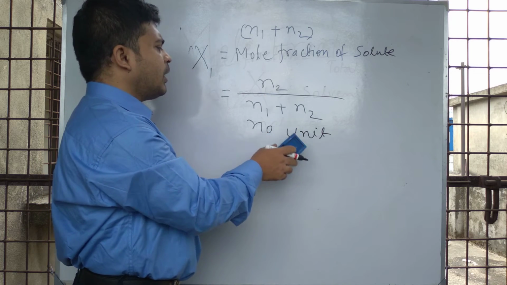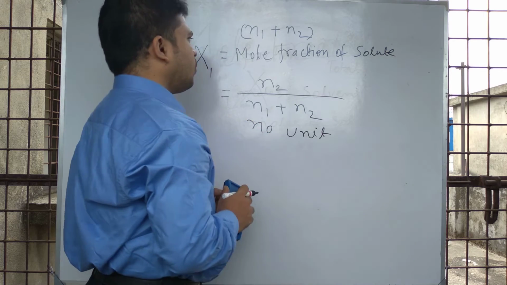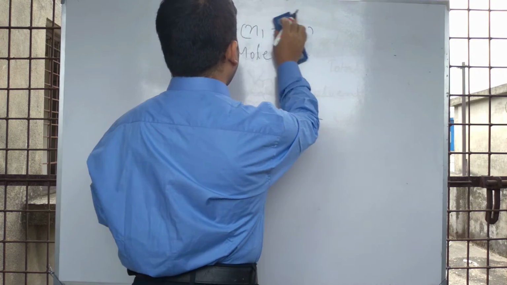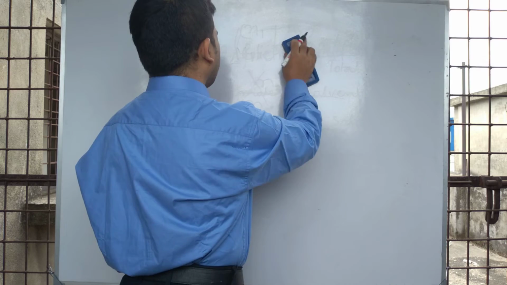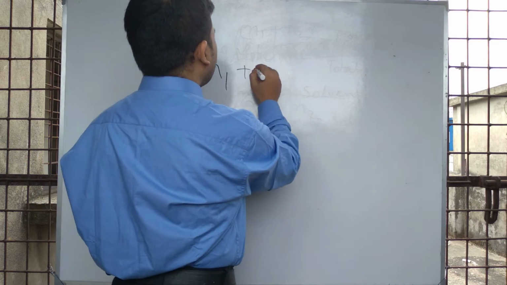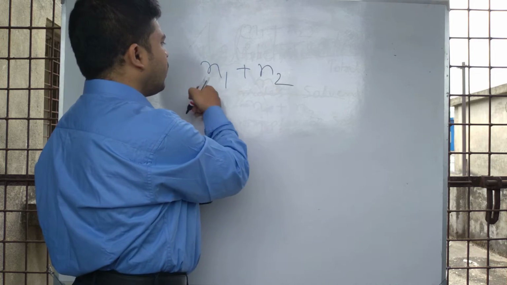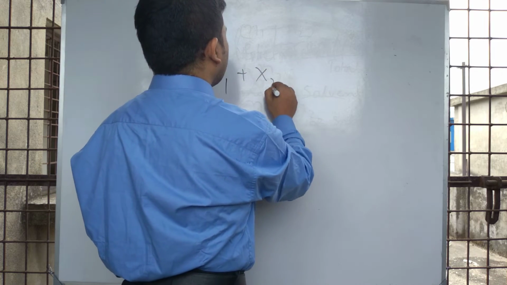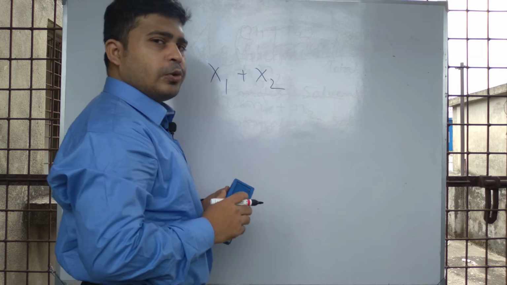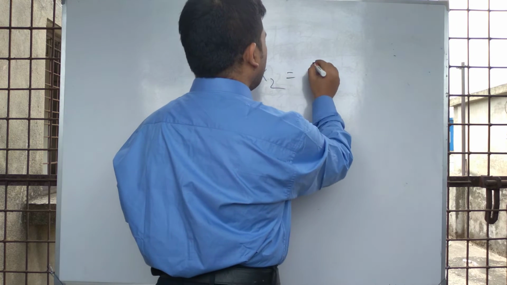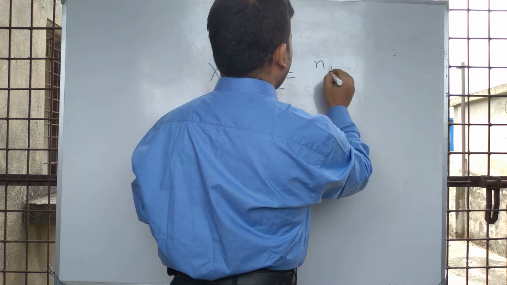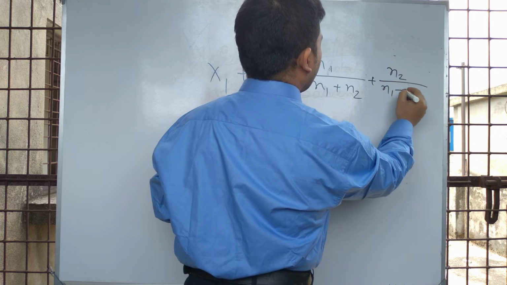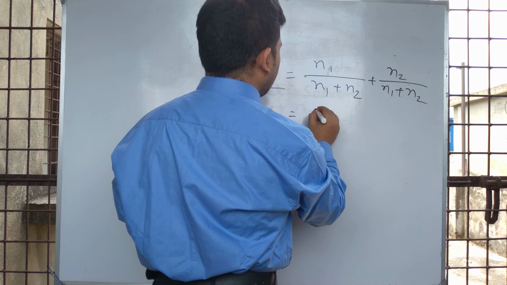Now if we sum the two mole fractions, x1 plus x2, of the solvent and solute present in the solution, we get n1 by n1 plus n2 plus n2 by n1 plus n2, which is equal to 1.